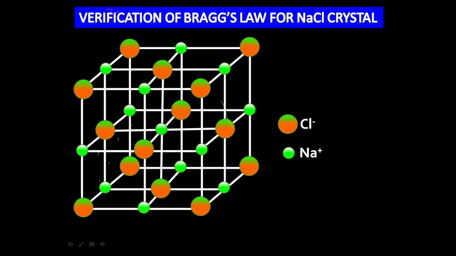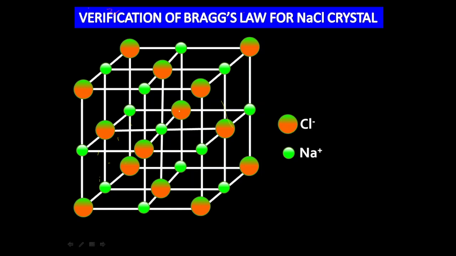Okay, and there are 6 faces. So in NaCl, Cl- ions are present at the corners and at the face centers: 1, 2, 3, 4, 5 and last 6.